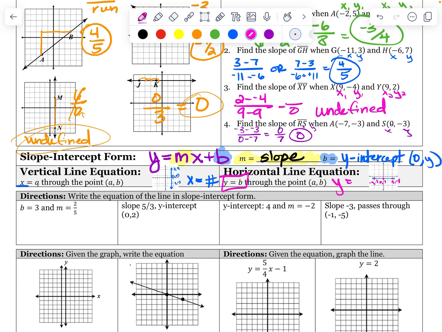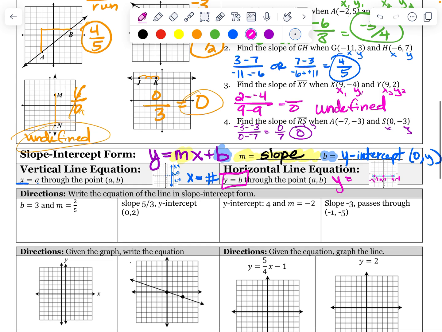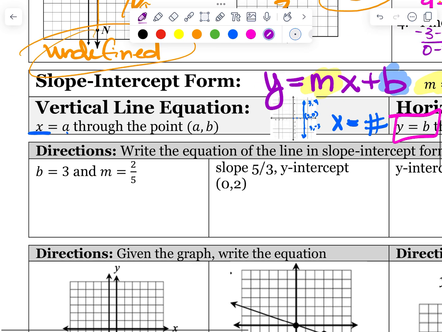Okay. Write the equation of a line in slope-intercept form. Y equals mx plus b. We are filling in the m and the b. So y equals 2/5 x plus 3. Easy enough.